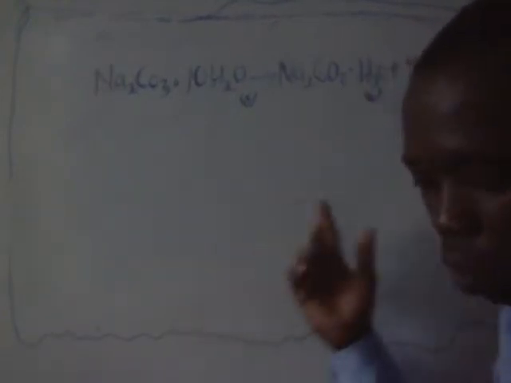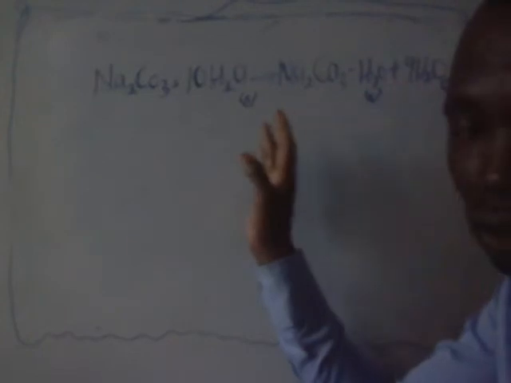So combustion is wrong. That is the process by which a chemical substance is reacted with oxygen gas to form carbon dioxide and water plus energy. This reaction has nothing to do with combustion.